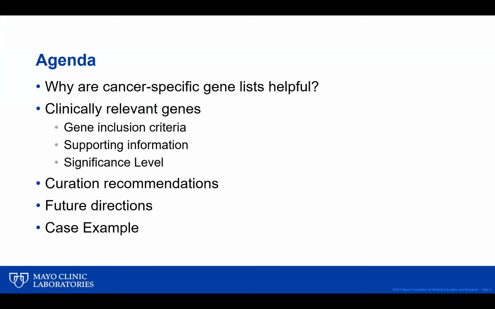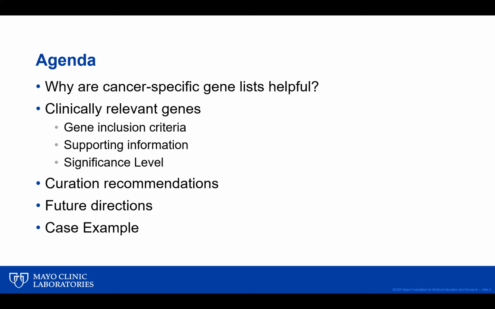So today we'll talk about why cancer-specific gene lists are helpful, talk about clinically relevant genes, what kind of inclusion criteria we employed in this process, different kinds of supporting information that we include in the gene list, as well as a significance level that we assign to genes based on their maximum potential impact on oncogenicity.